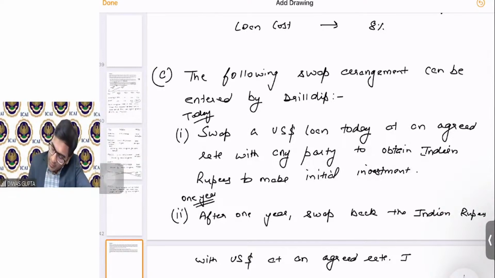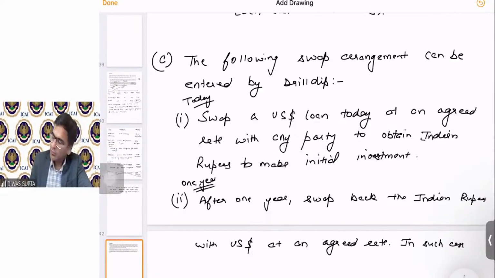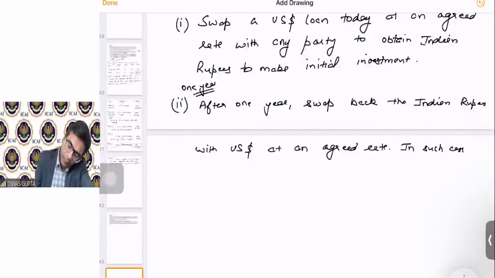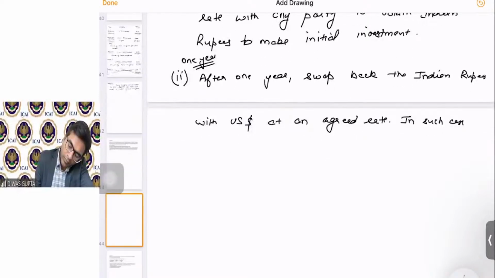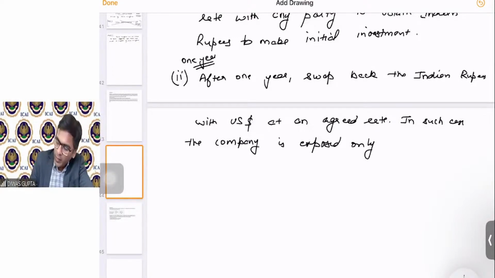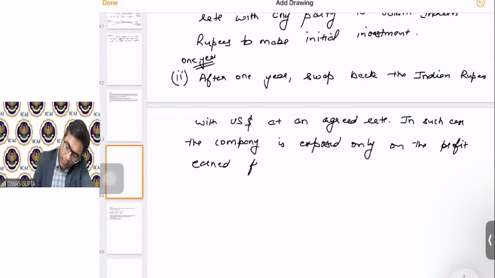In such case, the company is exposed only on the profit earned from the project.